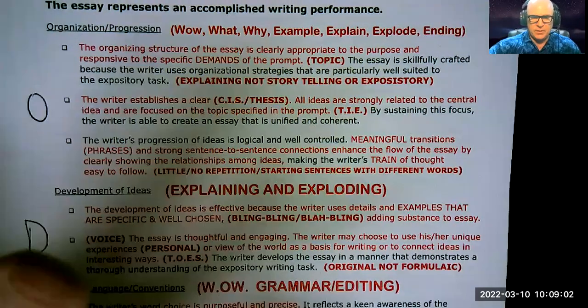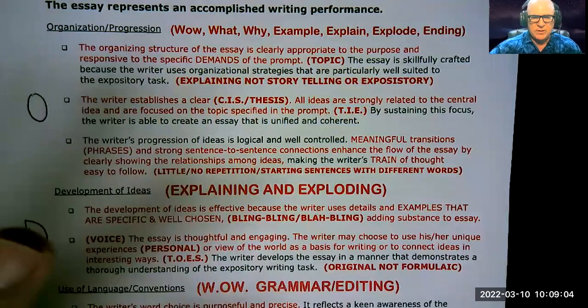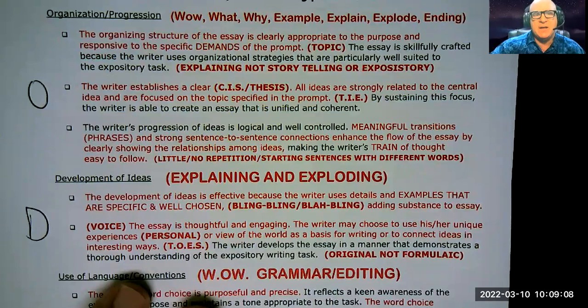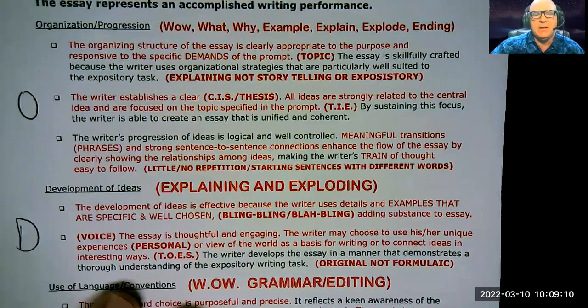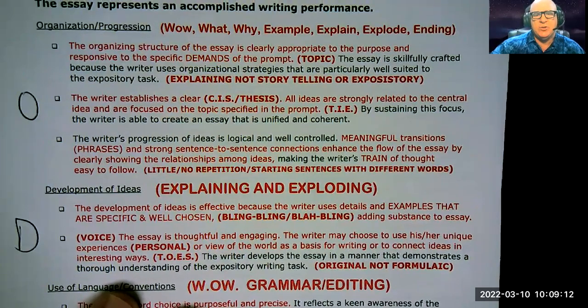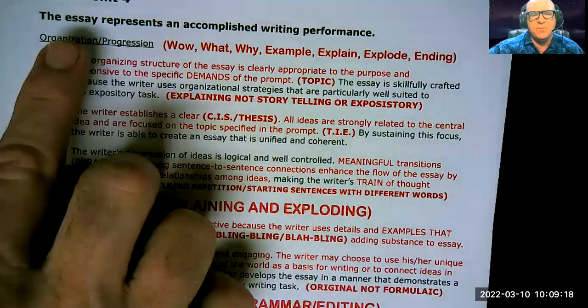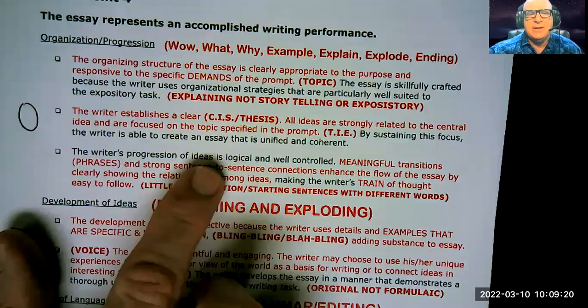Now, I want to let you know that conclusions are not mentioned, but you must have a complete essay in expository to have a 3 or a 4. So I've included that, the organization, the progression.